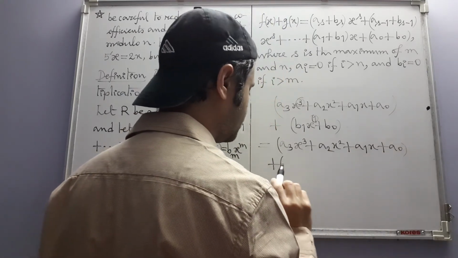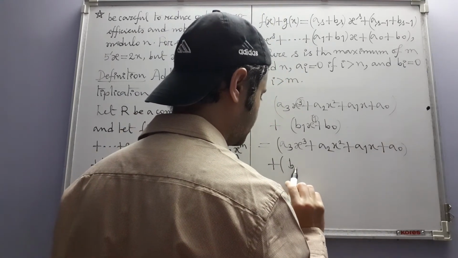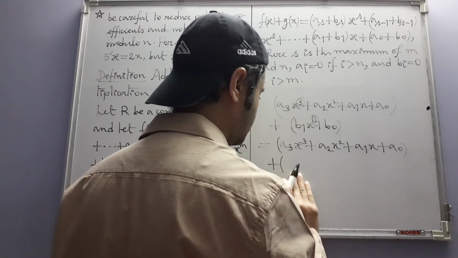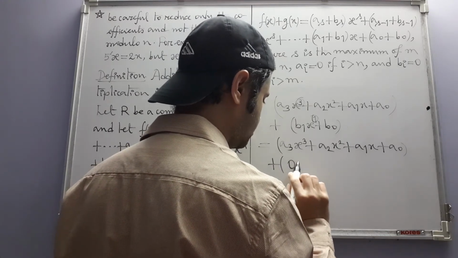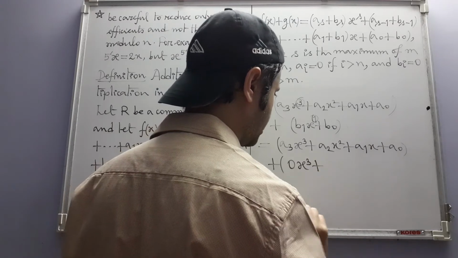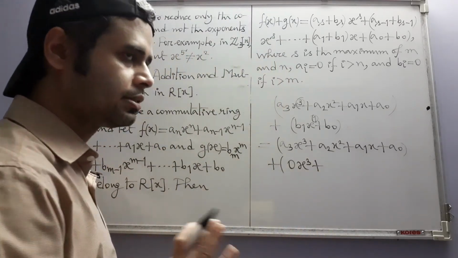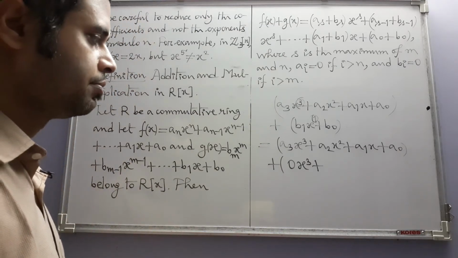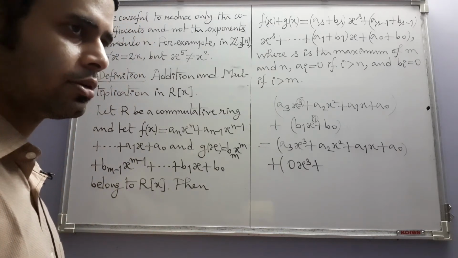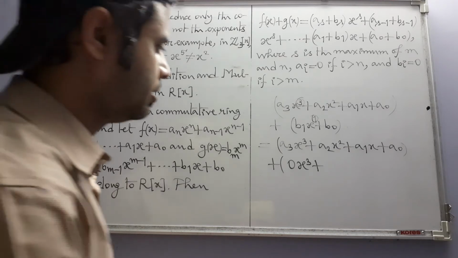So after the introduction of necessary 0 invisible terms, these are not mathematical terminologies, okay? There is nothing, I mean so far as I know we don't have anything called invisible terms or something like that.